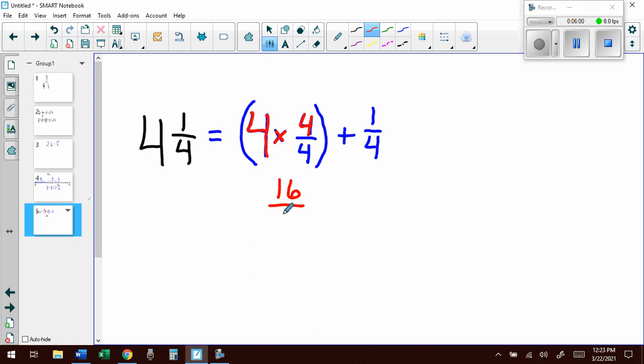What's your denominator? 4ths. Plus your extra 1/4. And that equals 17/4.